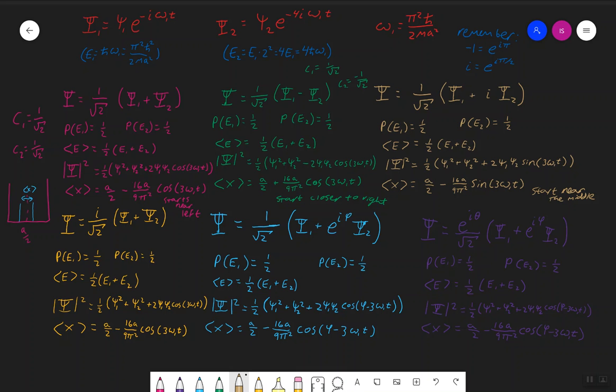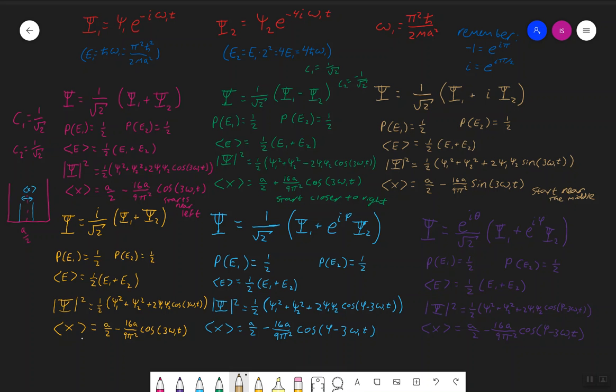Okay, so now that we've looked at this, what happens if we multiply the wave function by an overall phase, not a relative phase between each of these component basis wave functions? An overall phase. So if I have i over root 2, well, now C1 is i over root 2 and C2 is i over root 2. Probabilities will be the same. And actually, if you do this calculation, the probability density will be identical to when the normalization constant is just 1 over root 2.